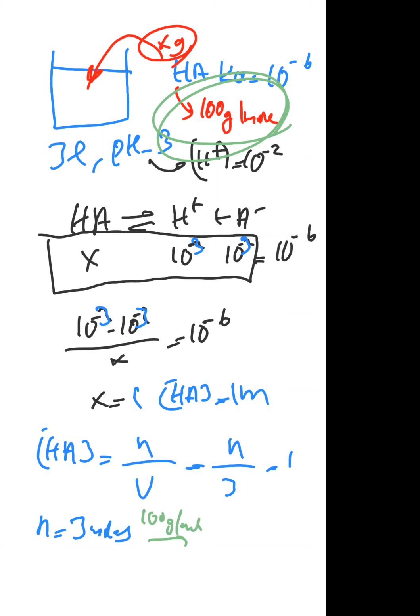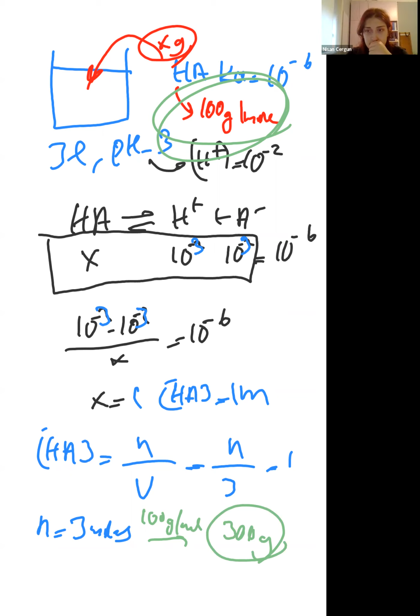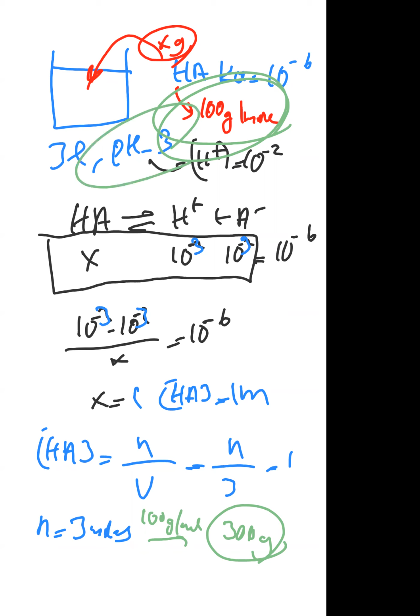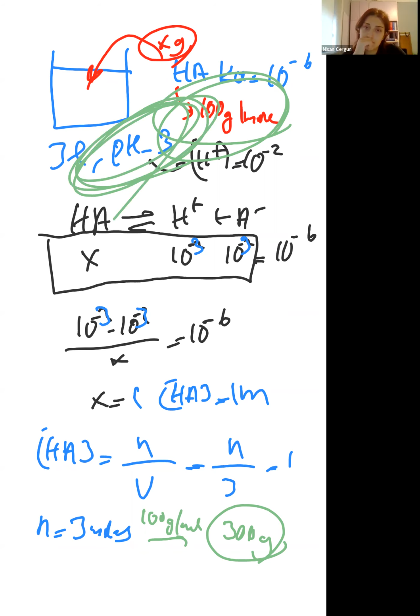So we should add 300 grams of weak acid while preparing 3 liters of initial solution. If we do so, we will end up with a pH 3 solution. Okay, did you get the idea? I got it. Okay.